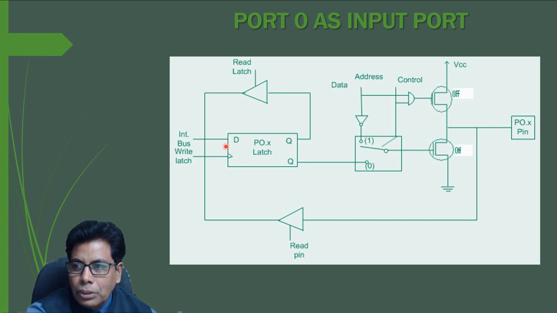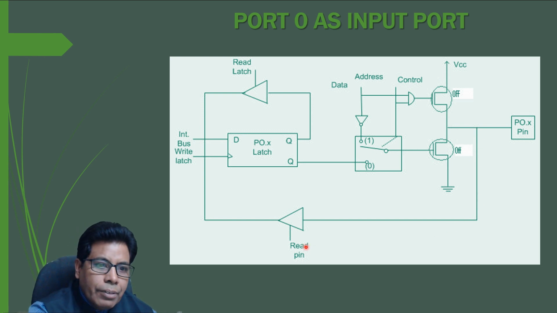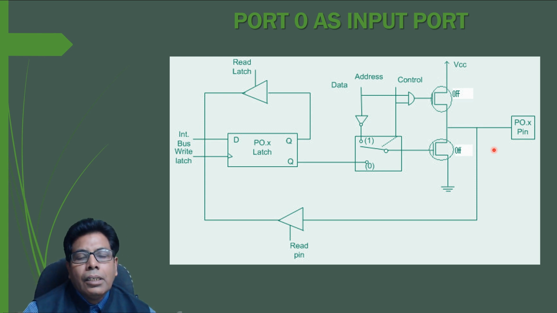In this situation, both these transistors will be off. You can see here both the MOSFET transistors are off. So the output pin will float. Hence whatever data is written on the pin is directly read by the read pin. So in this way, port 0 will act as an input port.